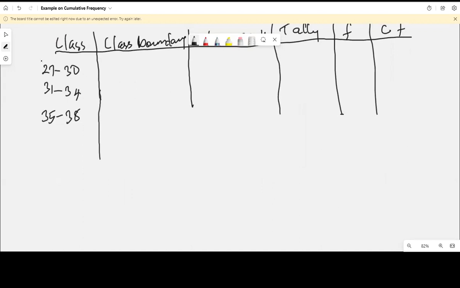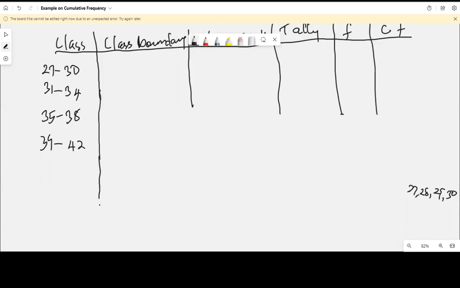By the way, how many entries do we have in each interval? 27 to 30, that is 4 entries: 27, 28, 29, and 30. 1, 2, 3, 4. So I stopped at 38 here. The next interval should be 39, 40, 41, 42.